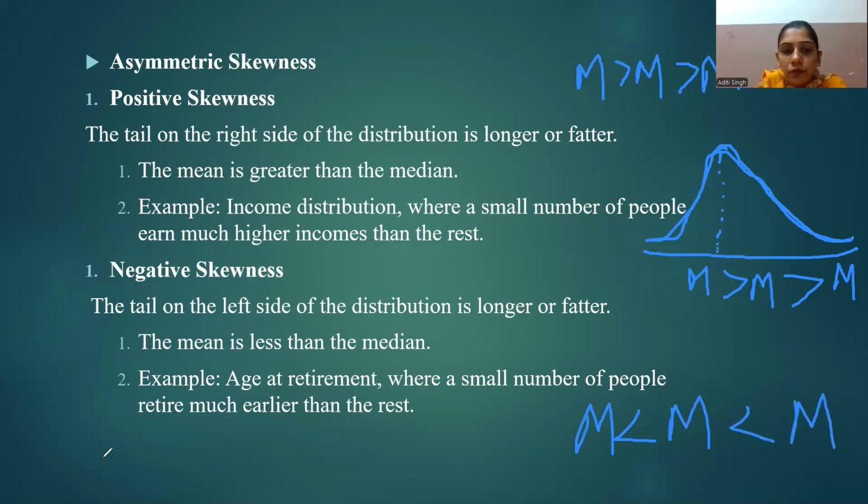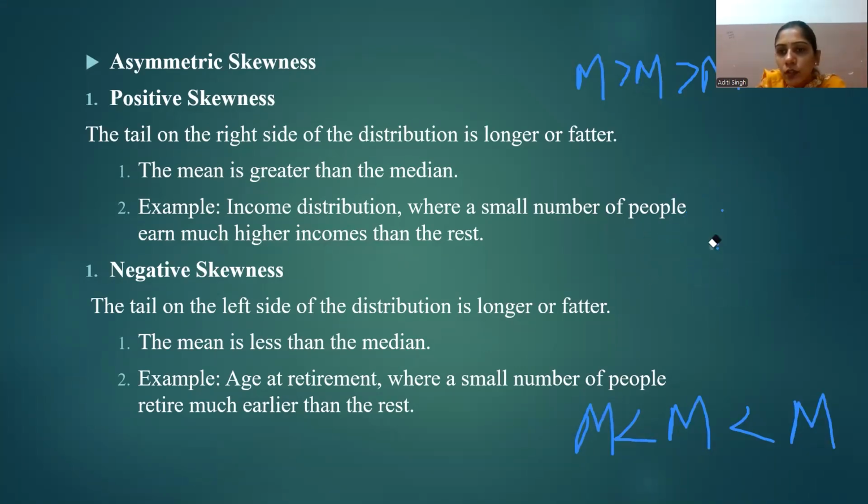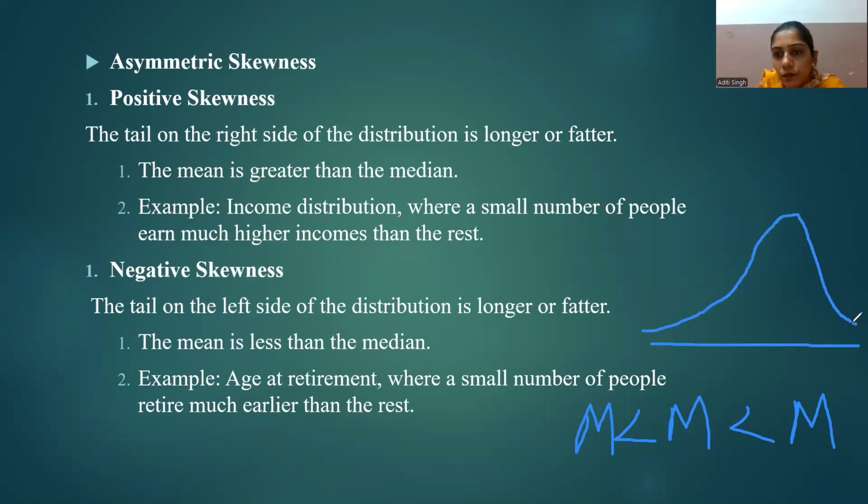So basically in this, mean is lesser than the median and median is lesser than the mode. The diagram for this is opposite to the positive skew diagram. This is how it is negatively skewed.